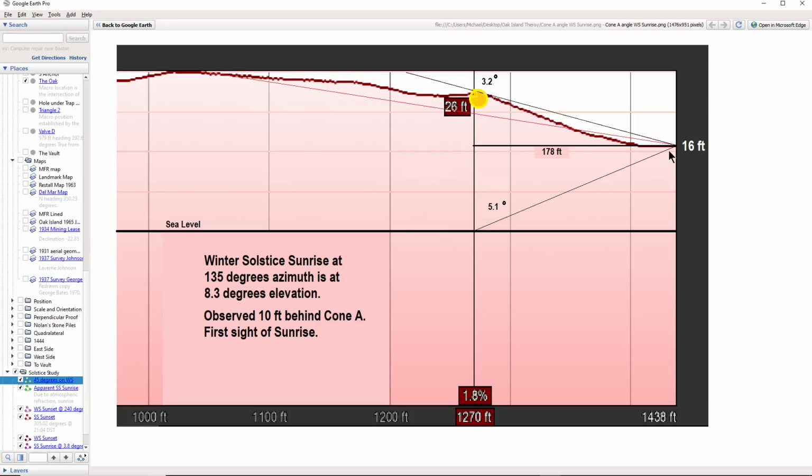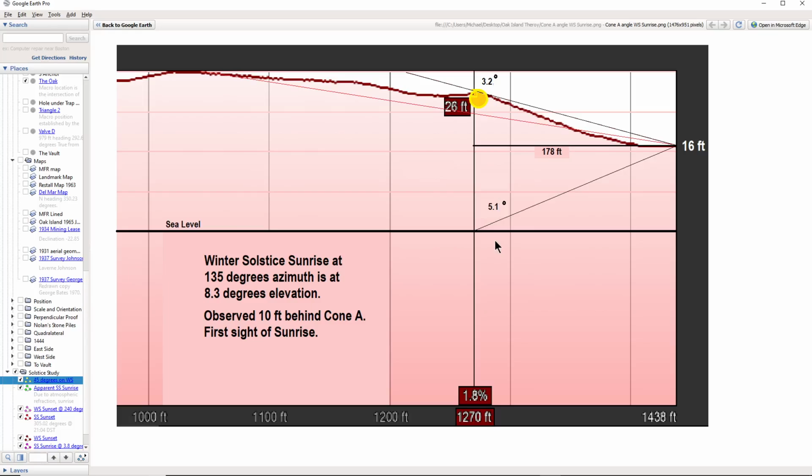So basically at cone A, when the sun is just breaking, not like before where it's a full disk, when you see the first light of the sun come over this hill, the angle will be at 135 degrees.